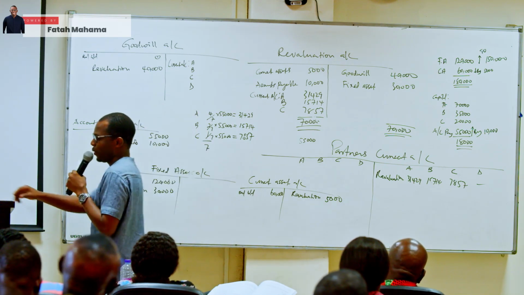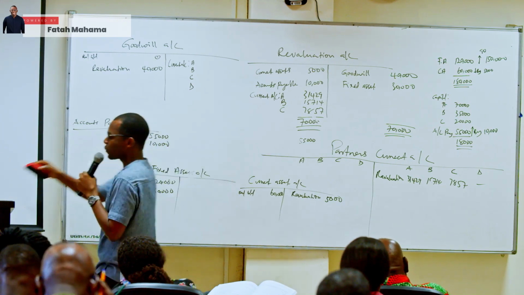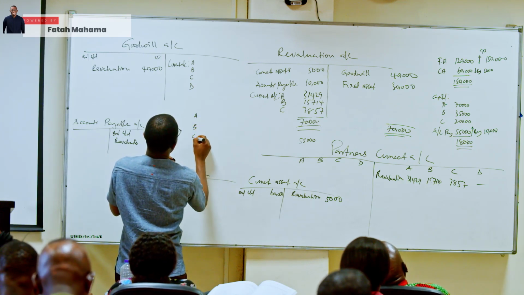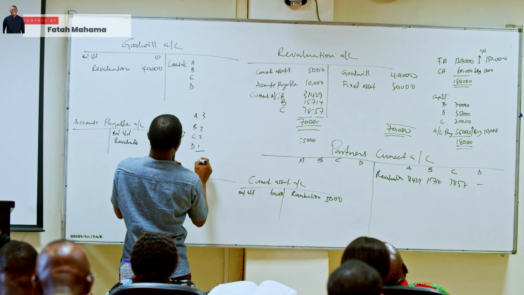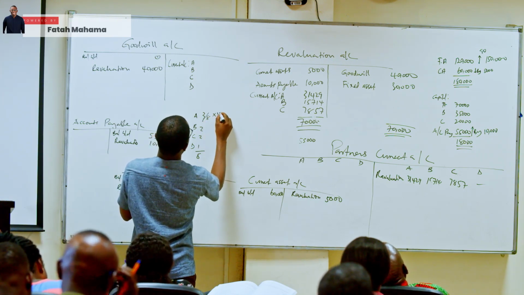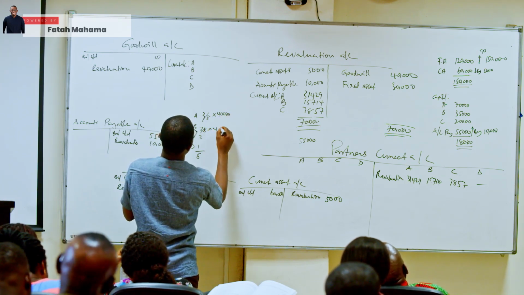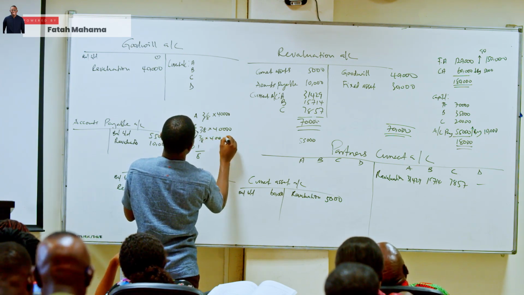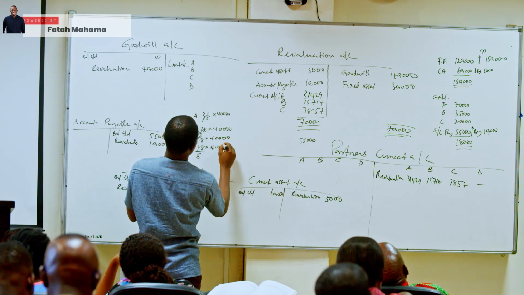Let me clean this one. So we've got A, B, C, D: 3, 2, 2, 1. Total 8. So 3 of 8 times 40,000, 2 of 8 times 40,000, another 2 of 8 times 40,000, and 1 of 8 times 40,000.